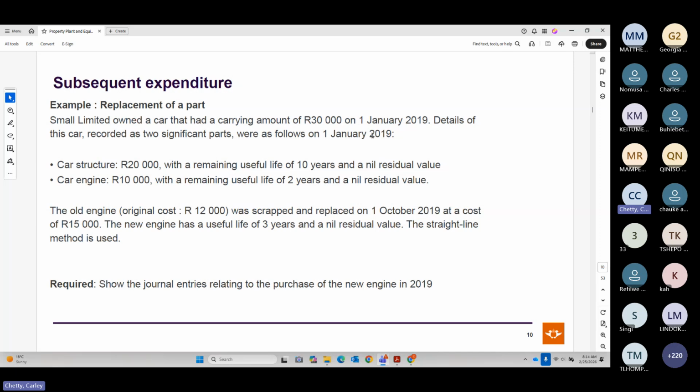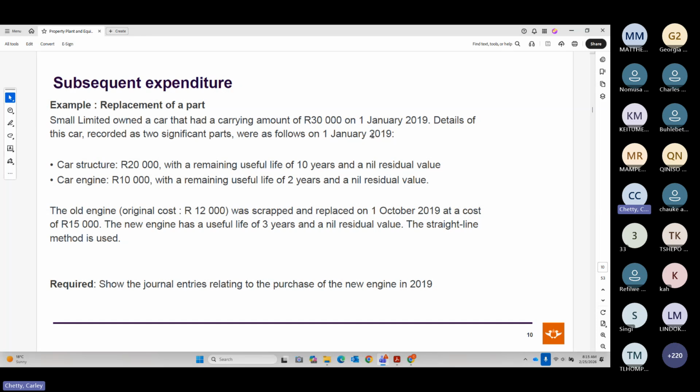So we have the car structure with 20,000 with a remaining useful life of 10 years and a nil residual value. And then we have the car engine for 10,000 Rand with a remaining useful life of 2 years and a nil residual value. So both of those values, the 20,000 and the 10,000, add up to the carrying amount of 30,000. But you can see that they have different useful lives.